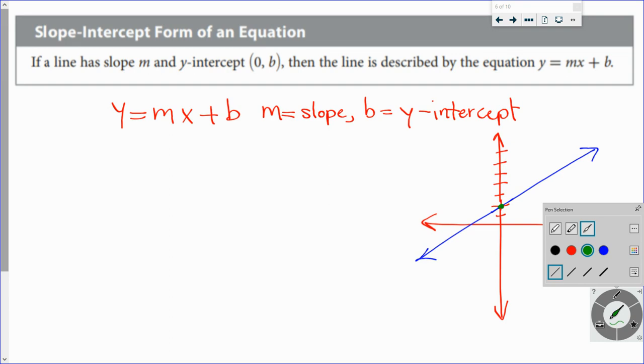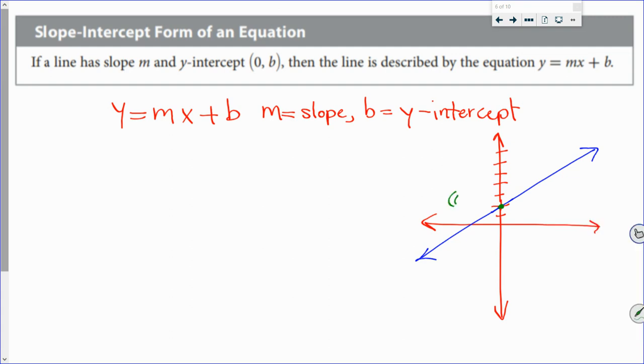That y-intercept is on the y-axis at 2. Notice that that point has an x-coordinate of 0.